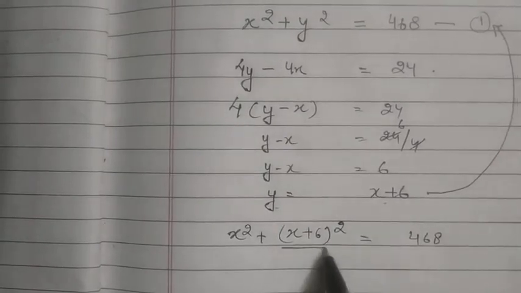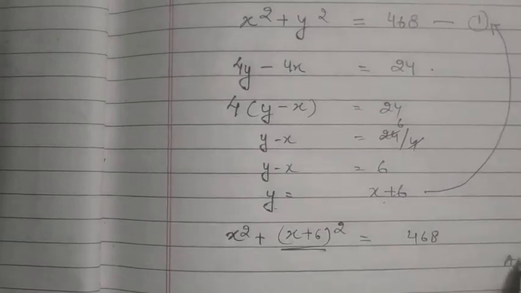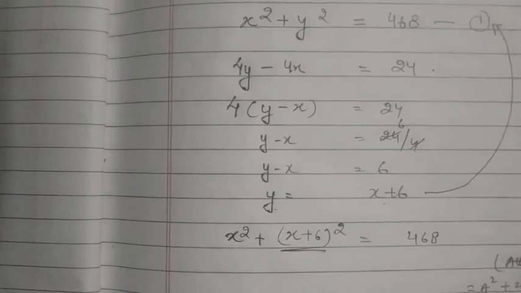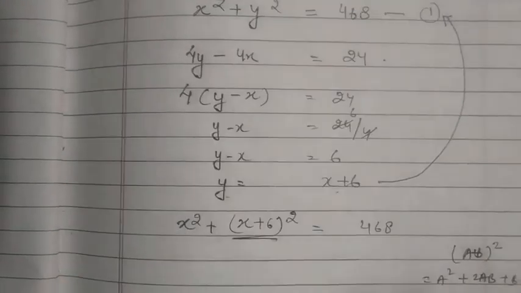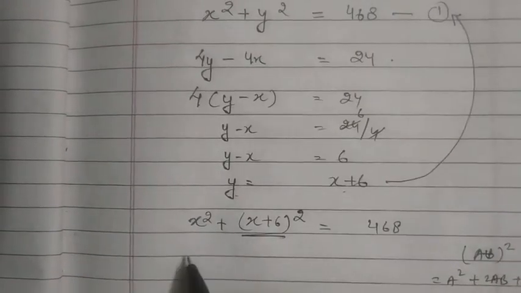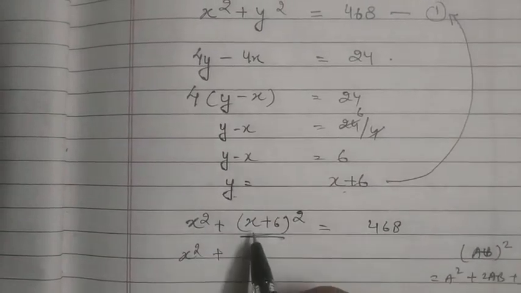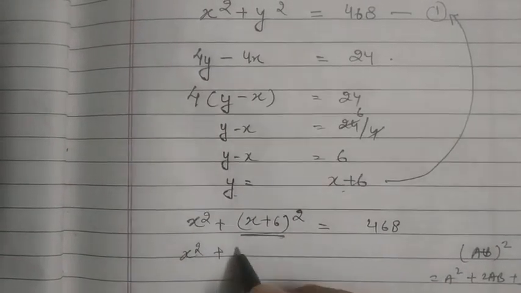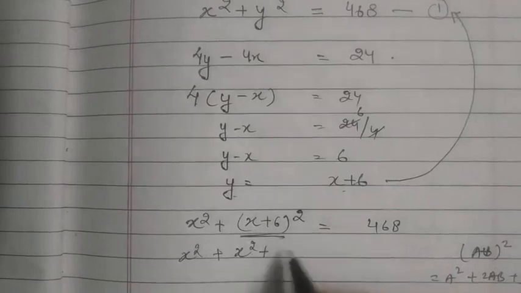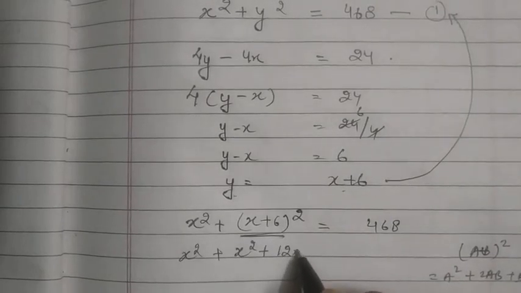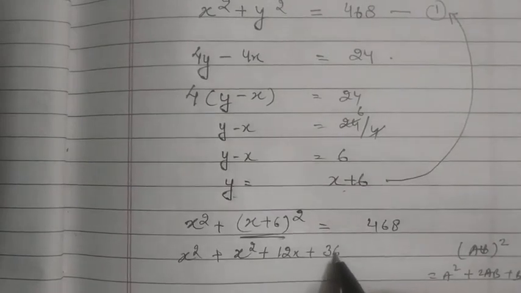Now this portion we can solve with the help of the identity a plus b whole square is equal to a square plus 2ab plus b square. So we get x square, plus 2 into x into 6, that is 12x, plus 6 square, that is 36, is equal to 468.